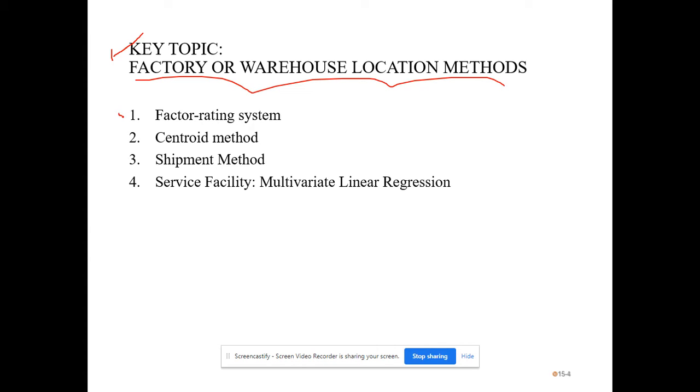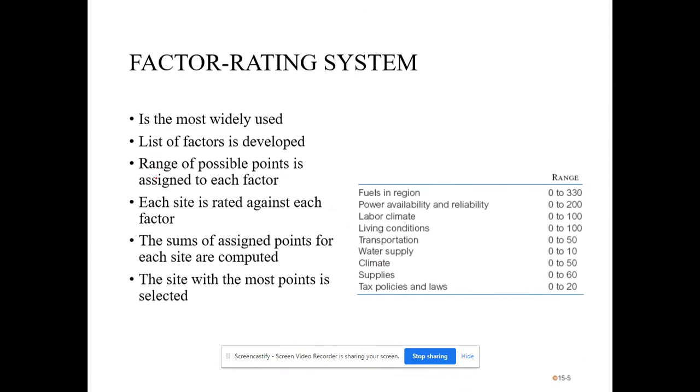First method, we call it factor rating method. Second method is centroid method. Third method is shipment method. And fourth method, normally used for service facility, is multivariate linear regression.